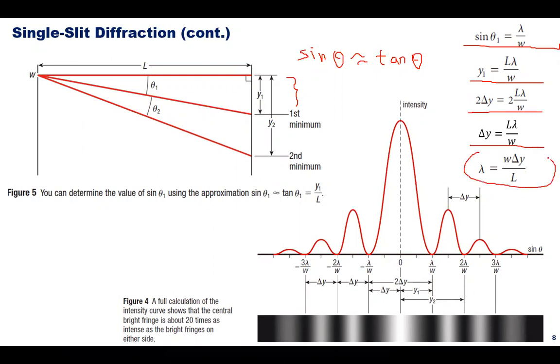If you know the values for W, delta y, and L, then we can calculate the wavelength of the light, right? Lambda equals W delta y over L.